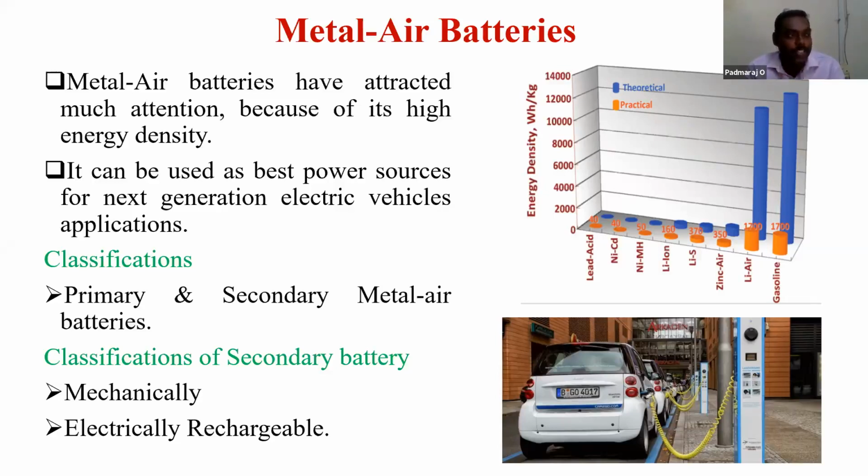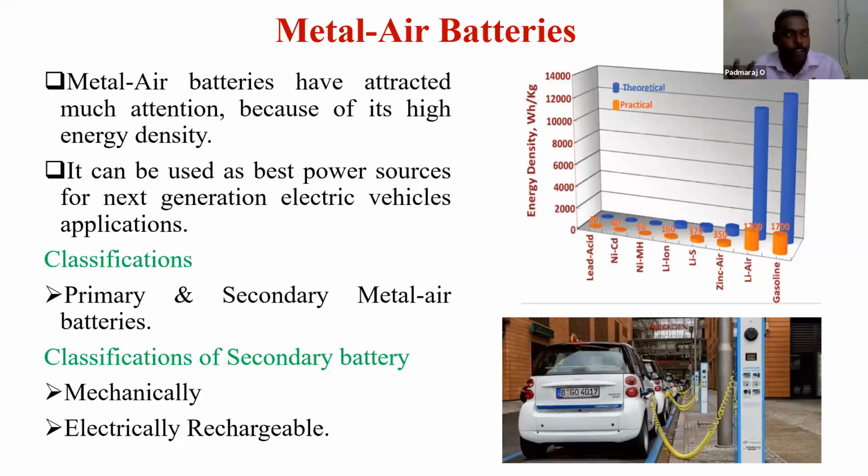For example, in lithium metal batteries the anode is lithium; in a zinc-air battery the anode is zinc. The air cathode is the same, and only the anode changes. Based on the anode, we call them lithium-air, zinc-air, aluminum-air, iron-air, so different metal-air batteries.